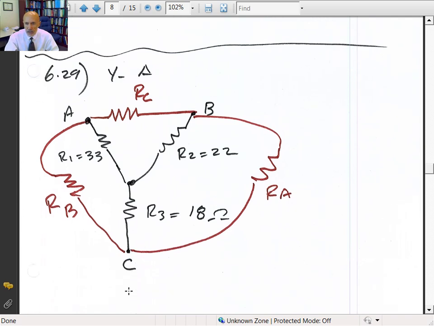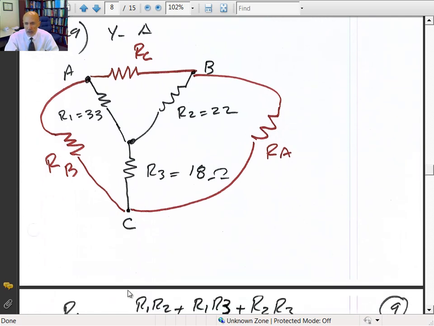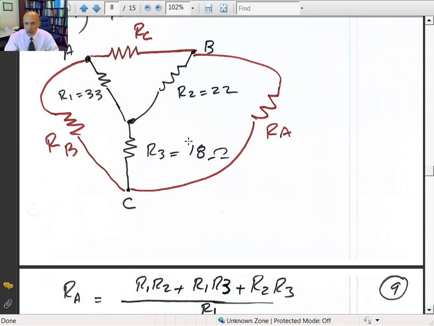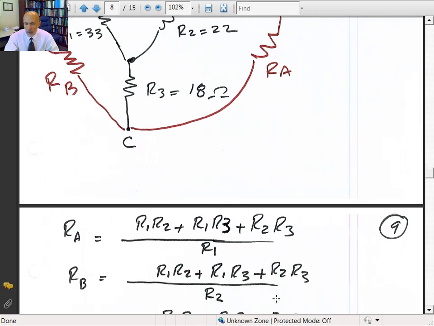The way it works out, if you don't want to memorize the equations, if I look at R of A, which is this resistance right here, the numerator would be the same, the sum of the product of the two resistances at a time. So it'd be R1R2, R1R3, R2R3 for all three of them.